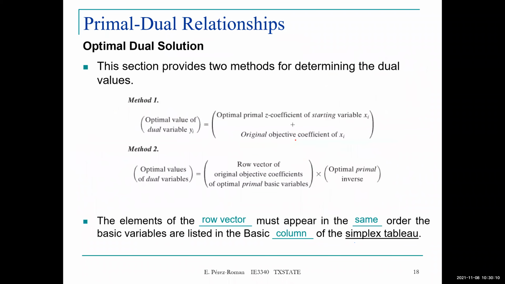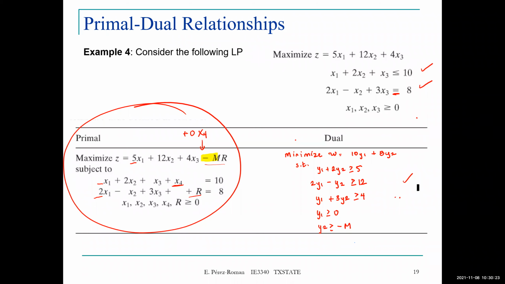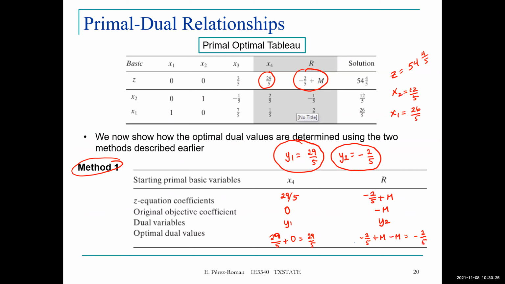And remember, this is method 1. So we look at the optimal primal z coefficients of the starting basic variable, and we add that to the original objective coefficient of x1. So the optimal primal z coefficients of the starting variables are given here, 29/5 and -2/5 plus m. And then we add that to the original coefficients of the primal model.